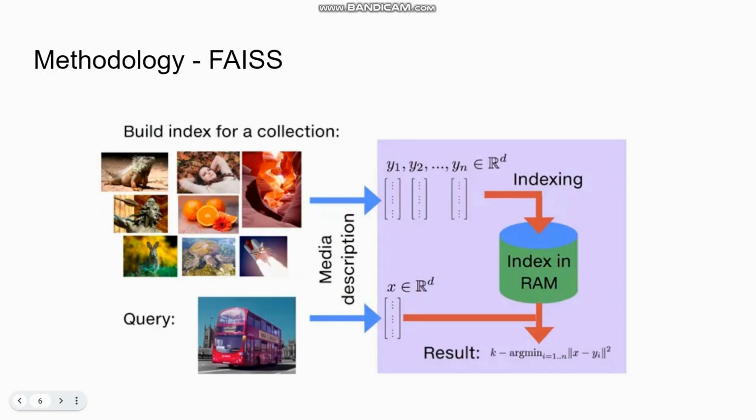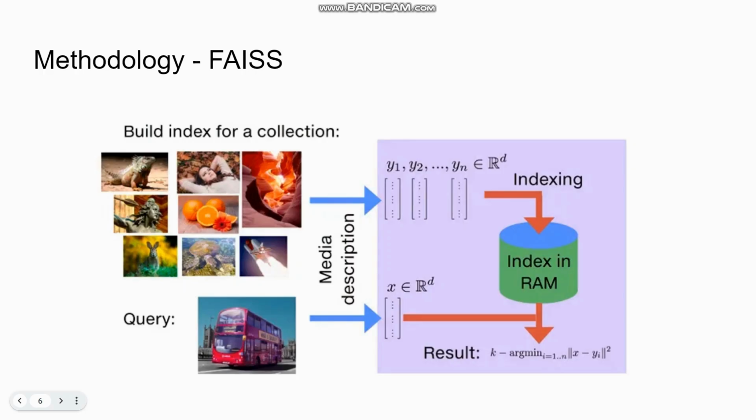This image illustrates the workflow of FAISS for similarity search in a vector library. First, media items are processed into dense vector embeddings using an embedding model, capturing their semantic features. These embeddings, represented as high-dimensional vectors, are organized and stored in a FAISS index structure in memory for efficient retrieval.